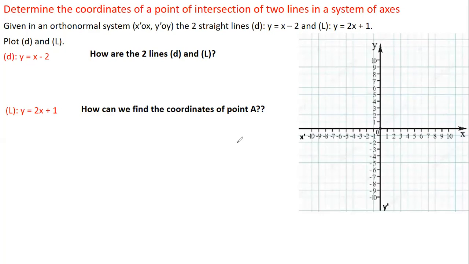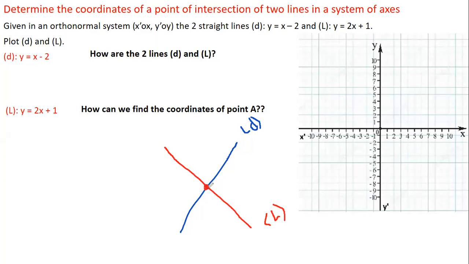For example, this is a straight line, which I will call D, and we have another straight line, which is L. How are these two straight lines? Intersecting lines.